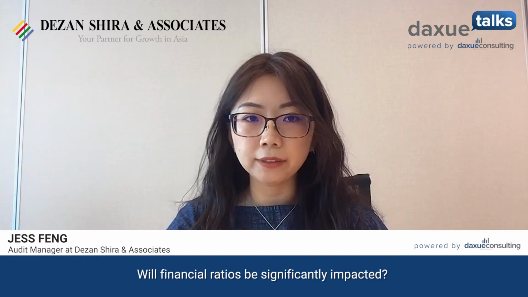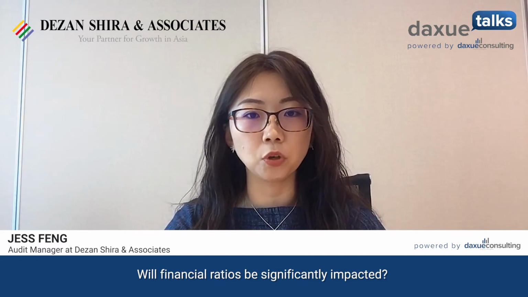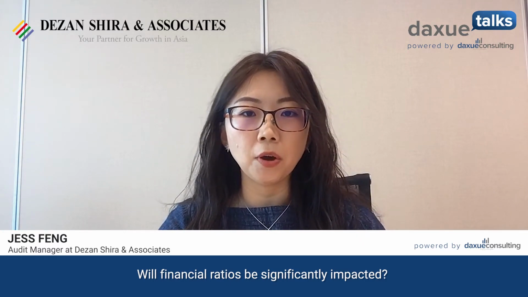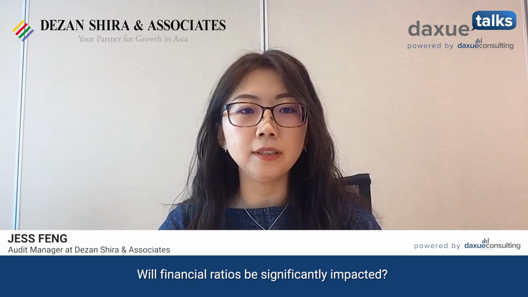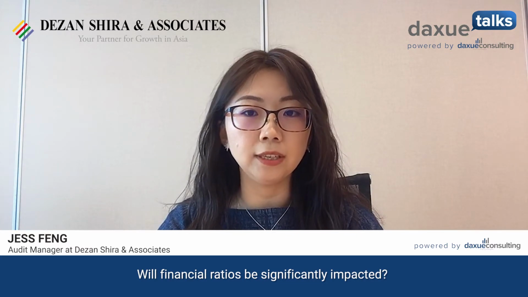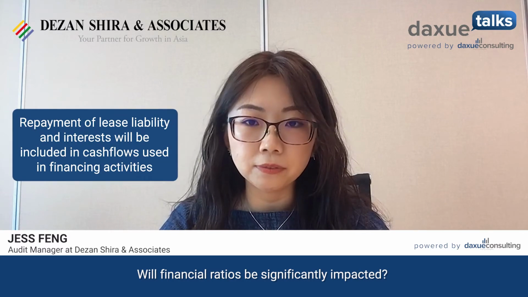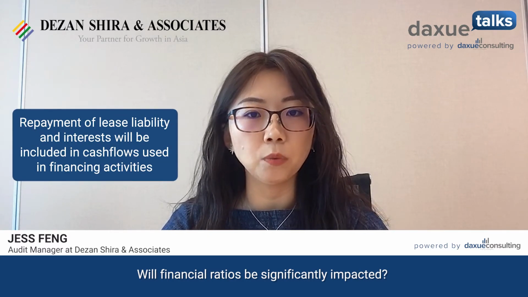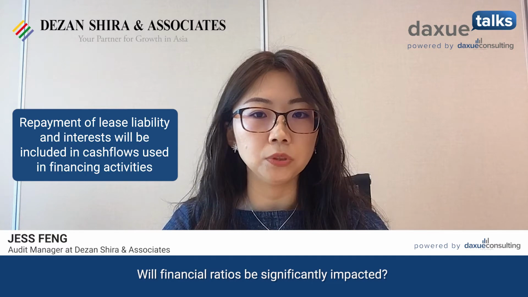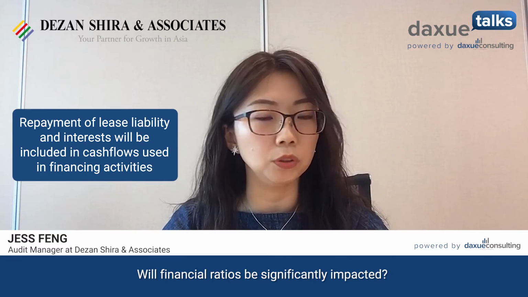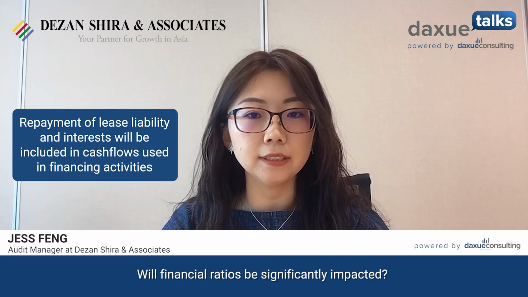And if we look at the cash flow statements of a company, the operating lease payments under the old lease accounting are included in cash flows used in operating activities. However, under the new standards, repayment of lease liability and interest will be included in cash flows used in financing activities according to the Chinese accounting standards.